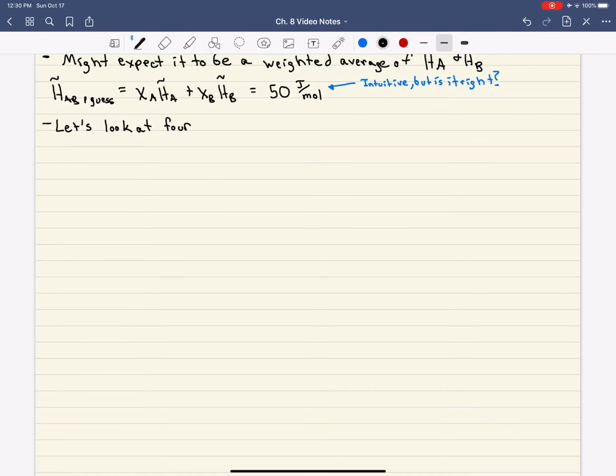involving 4 different pairs of chemicals. Okay? So our first chemical, 1, 2, 3, 4, 5, 6, is N-hexane. It's just a very simple alkane molecule. Second chemical is N-heptane. So instead of 6 carbons, it has 7.